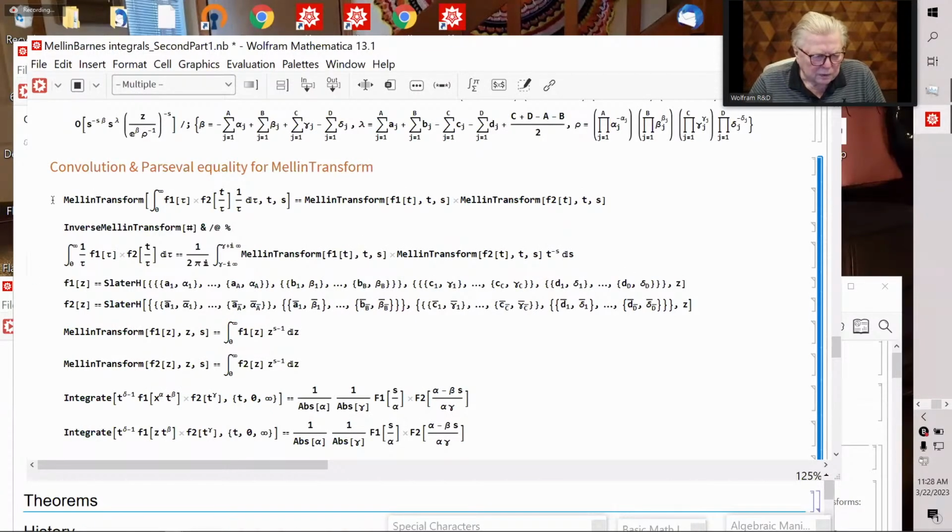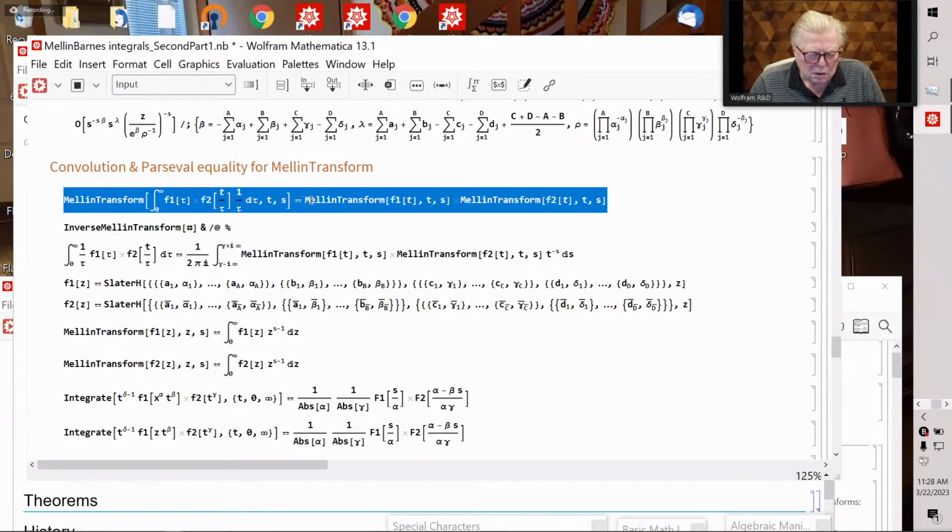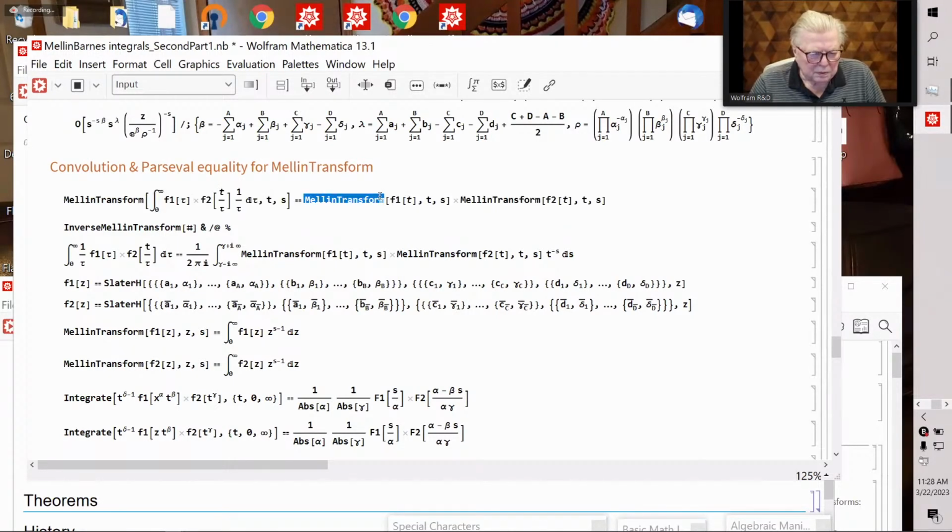Here we have the Mellin transform of an integral, which is a convolution, and we have as a result the Mellin transform of each of these. It's easier to understand if here we have, for example, 5 gamma functions. Here we have 3 gamma functions.